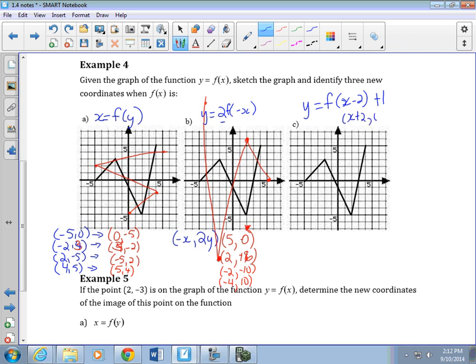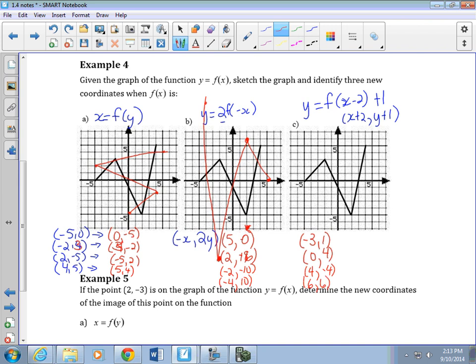And to the y-coordinate, I'm adding 1. So negative 5, 0. Negative 5 plus 2, that becomes negative 3. 0 plus 1 becomes 1. Negative 2 plus 2 is 0. 3 plus 1 is 4. 2 plus 2 is 4. Negative 5 plus 1 is negative 4. And then 4 plus 2 is 6. And 5 plus 1 is 6.